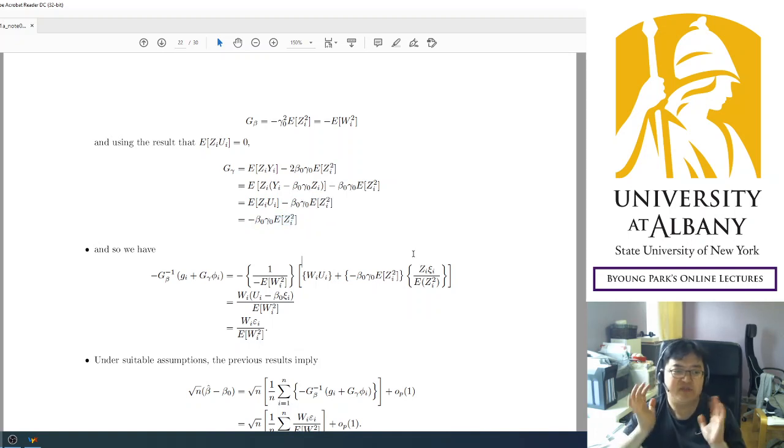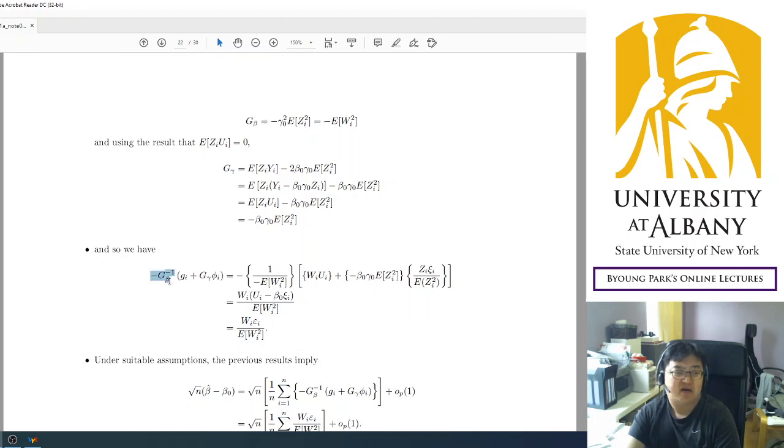I try to simplify everything, and then remember the influence function for the second stage estimator was given by this form. This is what we derived in the previous video. Then plug in G beta.